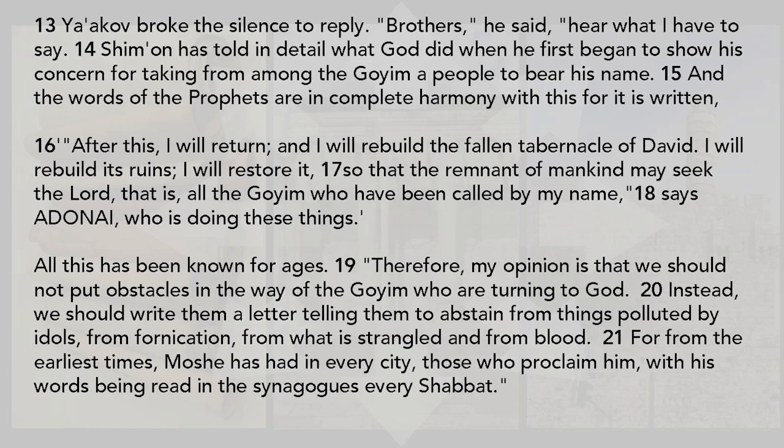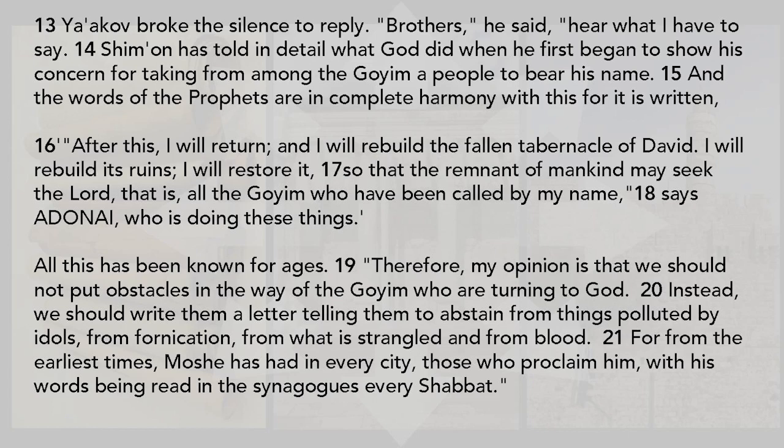So I want to reread that portion in Acts chapter 15, verse 13, starting. Jacob broke the silence to reply. "Brothers," he said, "hear what I have to say. Simon Peter has told in detail what God did when he first began to show his concern for taking from among the Gentiles a people to bear his name.